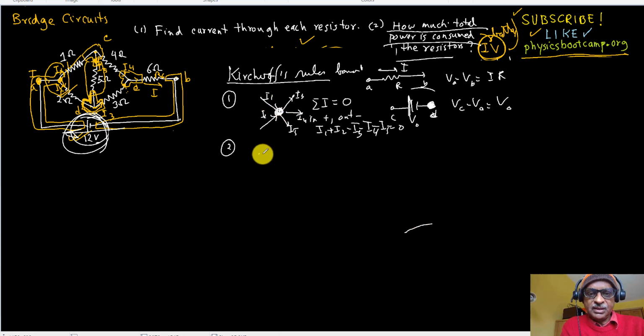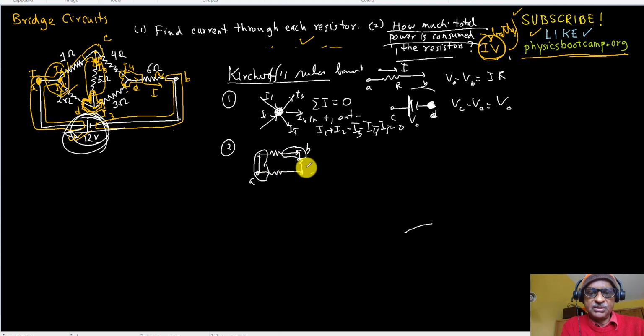And if you go in a loop, so you start from A, and this is B and this is C, these 3 points are each at one potential.